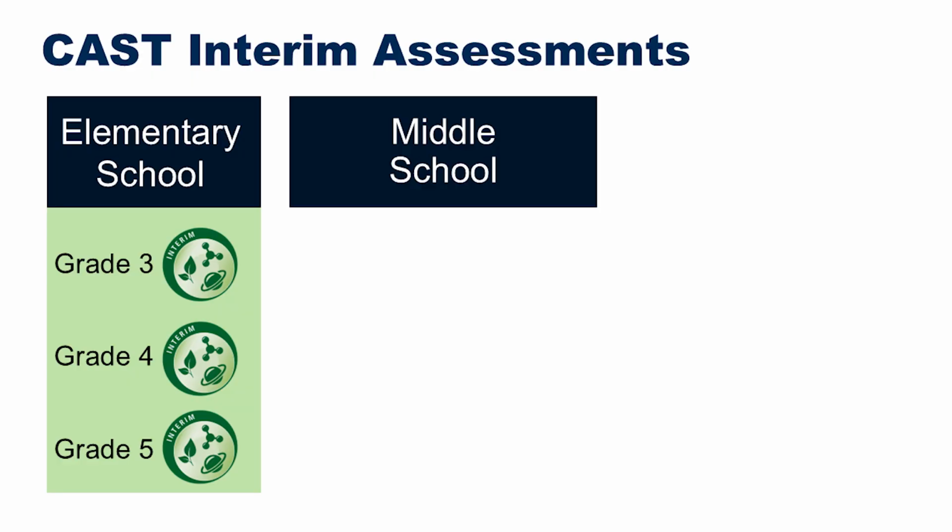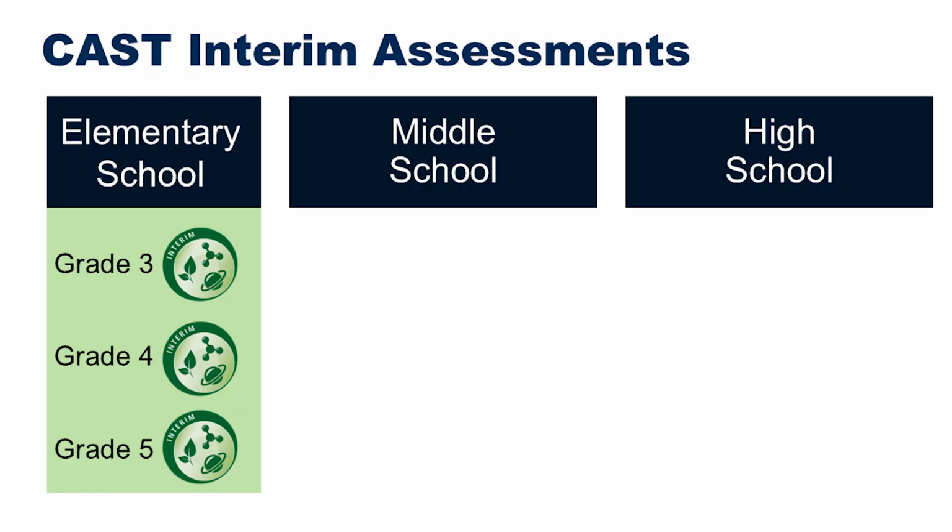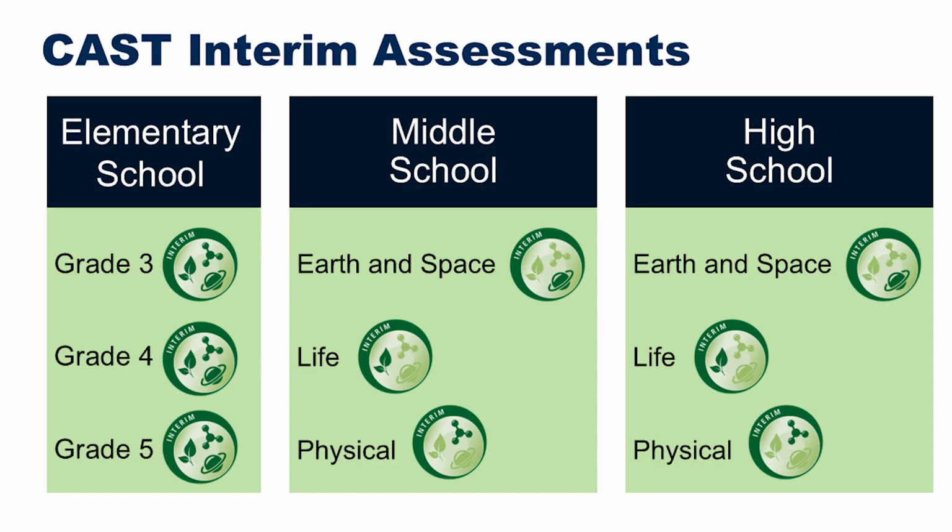In middle school and in high school, the CAST interim assessments are organized by science domain, so there are 3 middle school and 3 high school CAST interim assessments, and each assesses one science domain: Earth and Space Sciences, Life Sciences, and Physical Sciences. There are 2 versions available for each interim assessment, called Form 1 and Form 2. Each CAASPP interim assessment includes one performance task with a constructed response that requires hand scoring.